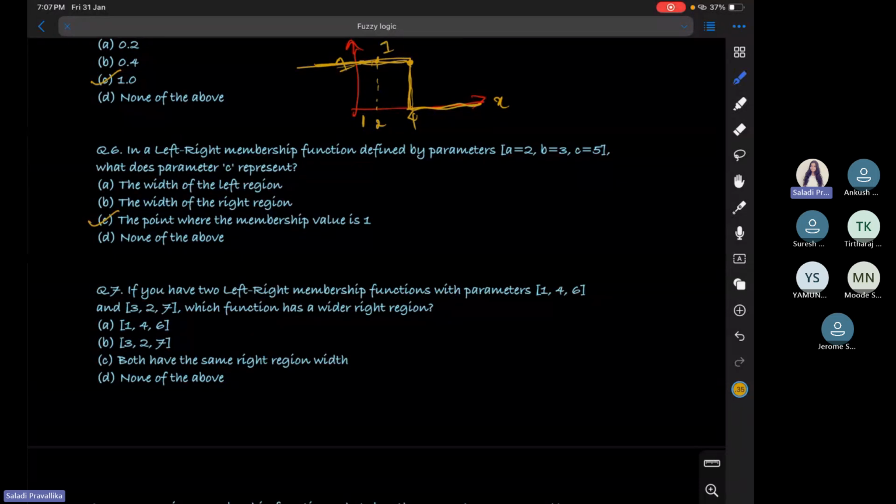Although the second function starts later, 1, 4, 6 has a larger right region width as per its configuration. Hence, 1, 4, 6 has a wider right region.